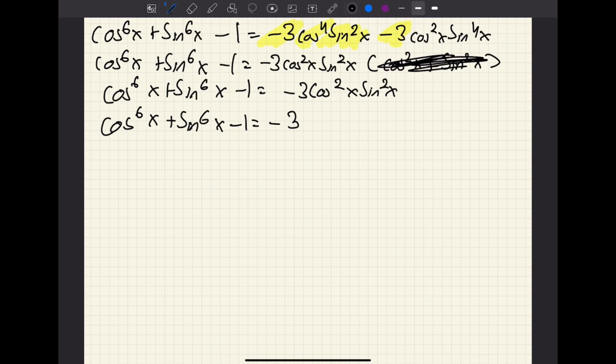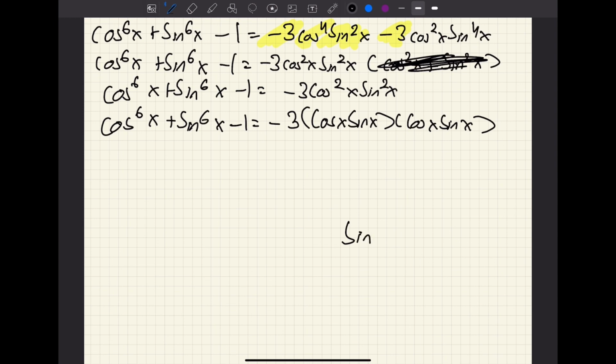Okay, we can rewrite this as cos x sin x, cos x sin x. That is going to be equal to cos^2 x and sin^2 x, because cos multiplies with this and this multiplies with this. Okay, now that we have that written.